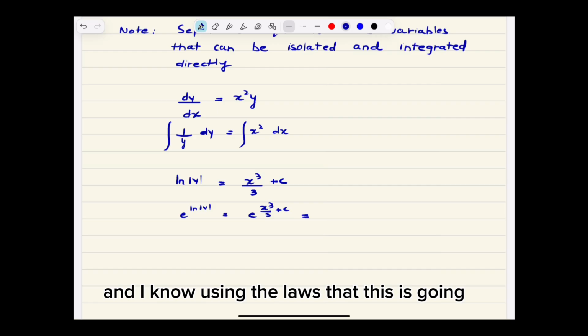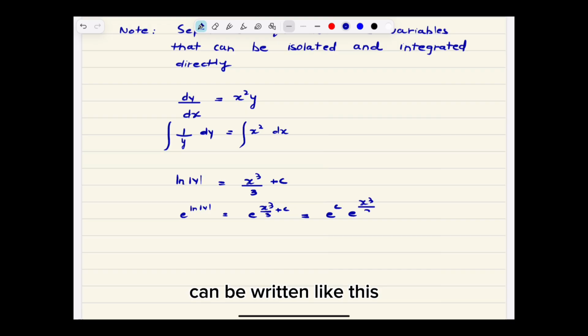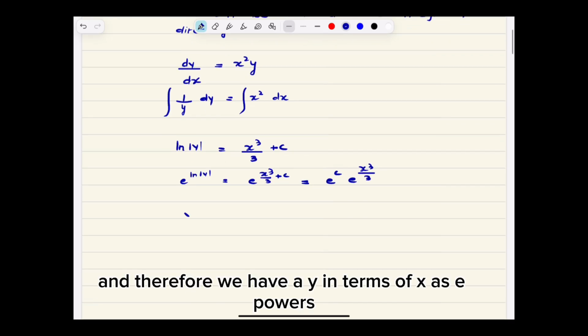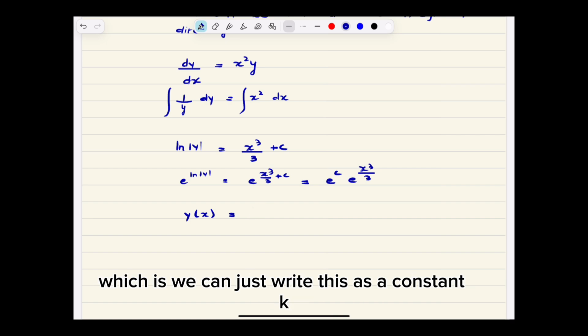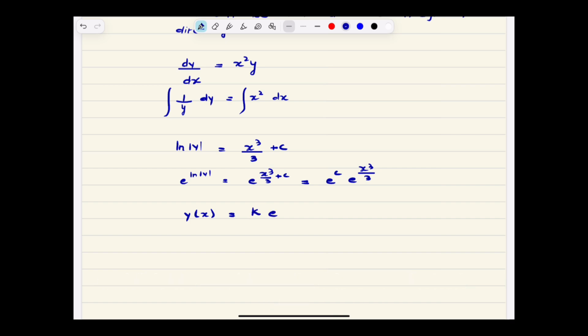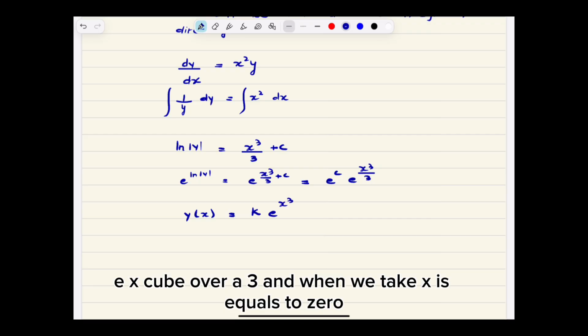And I know, using the laws of exponents, this can be written like this, and therefore we have y in terms of x as e to the power, which we can just write as a constant k, e to the x cubed over 3.